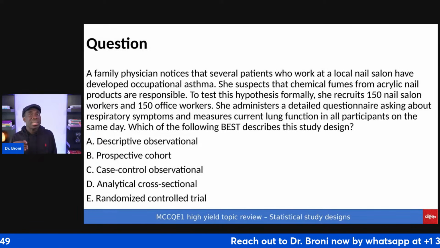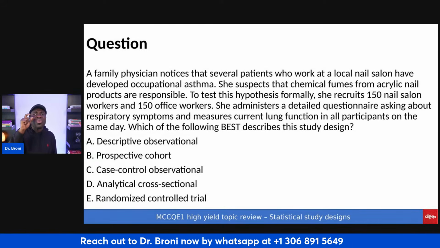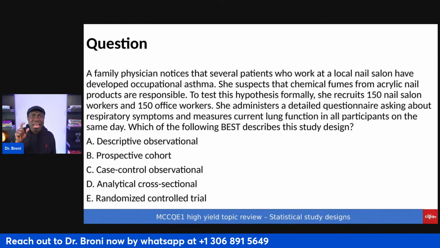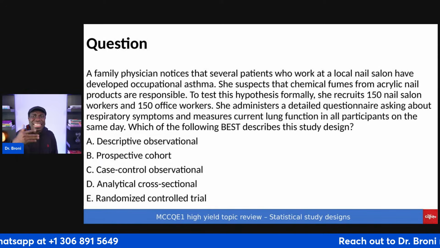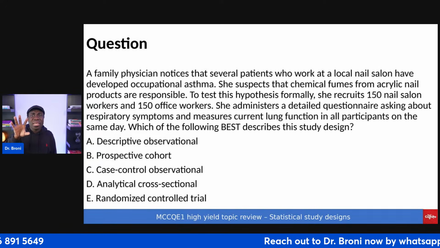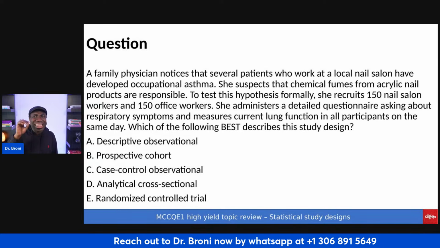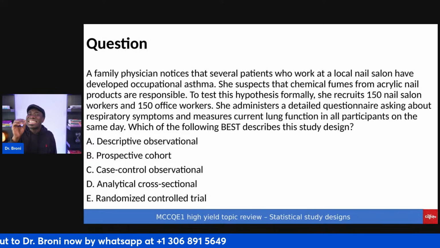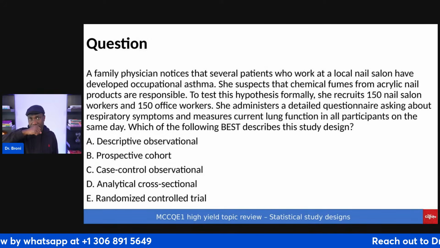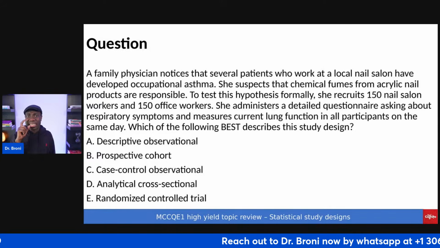To test this hypothesis formally, she recruits 150 nail salon workers and 150 office workers. She administers a detailed questionnaire asking about the respiratory symptoms and measures current lung function in all the participants on the same day. Which of the following best describes this study design?